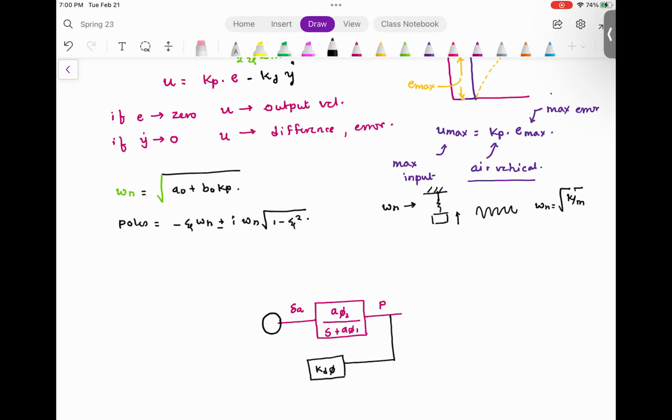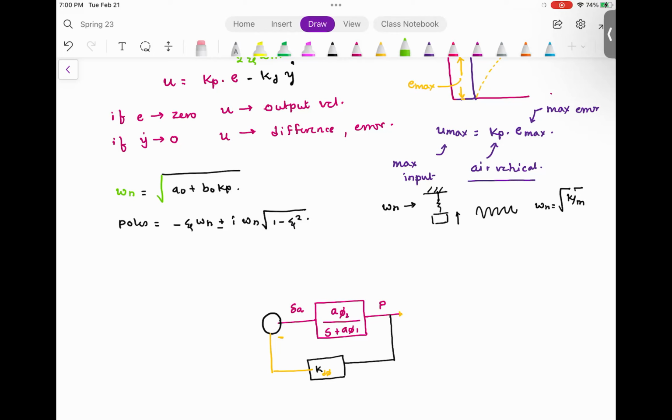So the KD phi term is a constant. Then a KD P term, and then I'm going to add this term over here. So what I have is minus, and I have delta A, I have P.